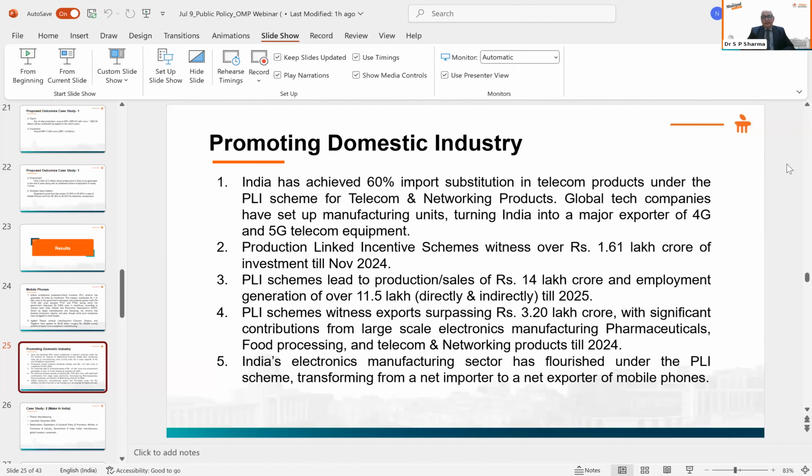And this PLI scheme has promoted the domestic industry and achieved 60% import substitution, like telecom products, and not only the mobile phones, but the whole telecom industry is supported by this PLI. And again, 1.61 lakh crore of investment till 2024.